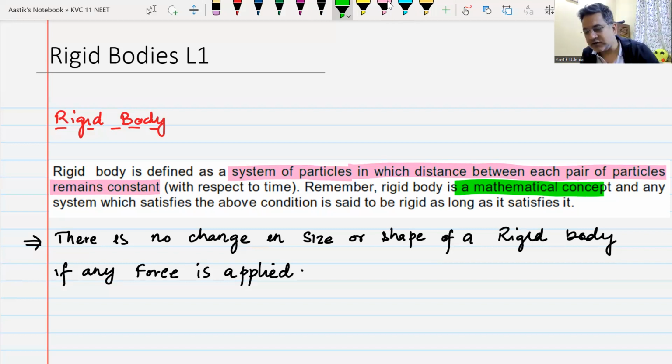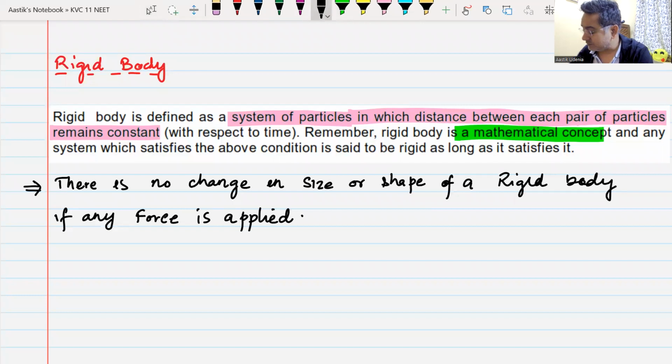That means whenever we apply force on those bodies, their shape, size, or the distance between any two particles will not change. When I say distance between any two particles, what do I mean by this?